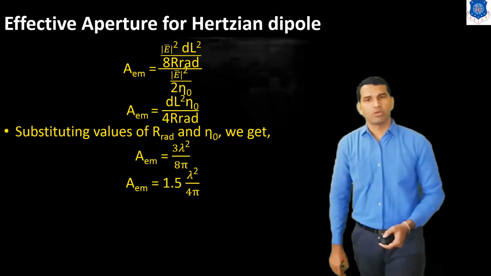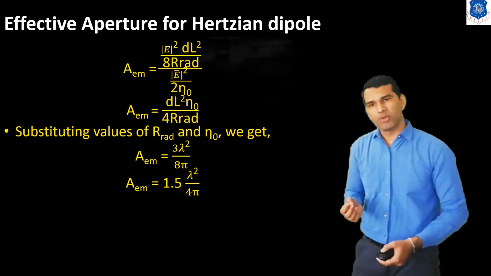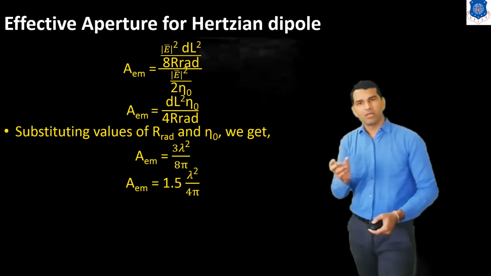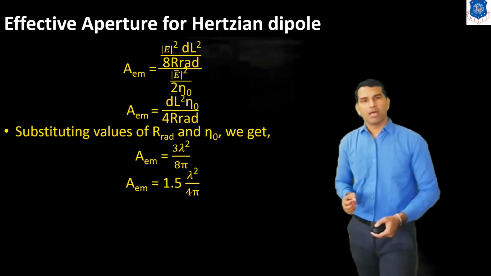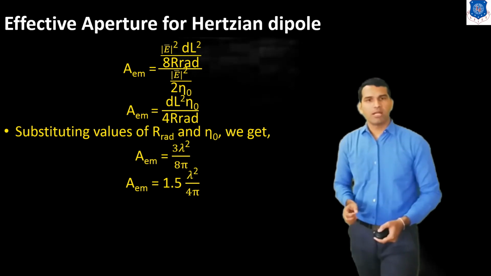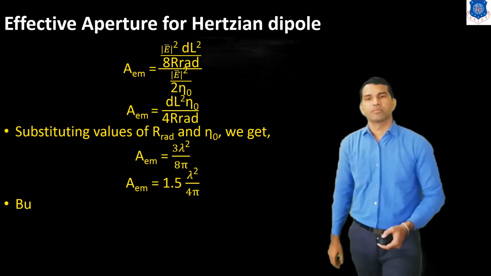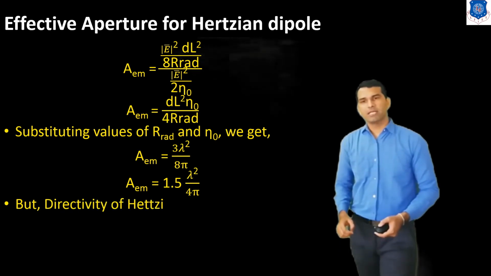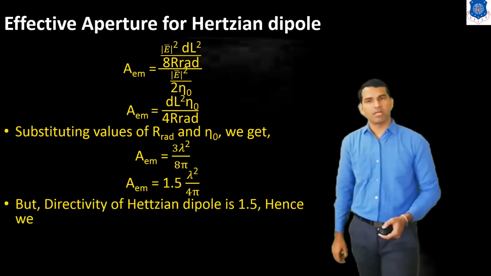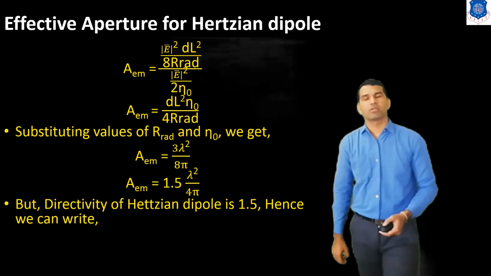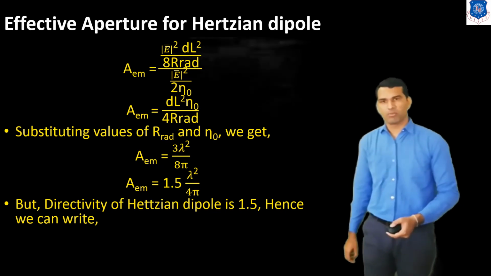Here we know that lambda is the wavelength, so effective aperture is related to the wavelength of the antenna, and the wavelength is related to the frequency. The directivity of the Hertzian dipole is 1.5.